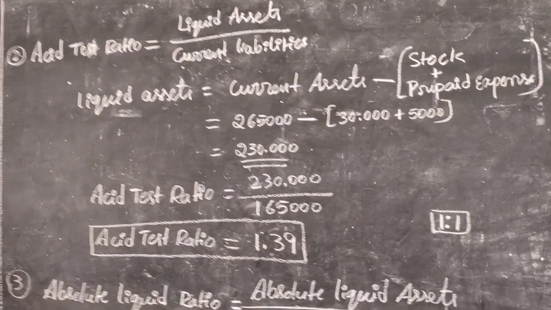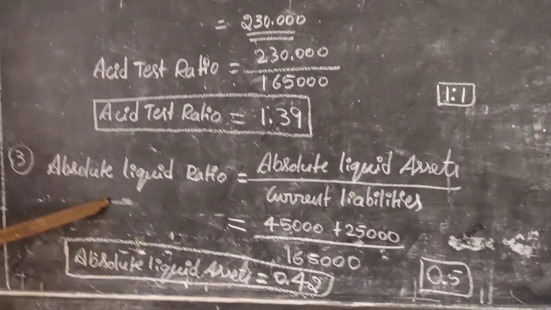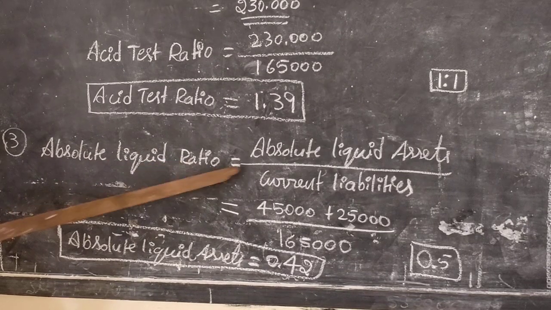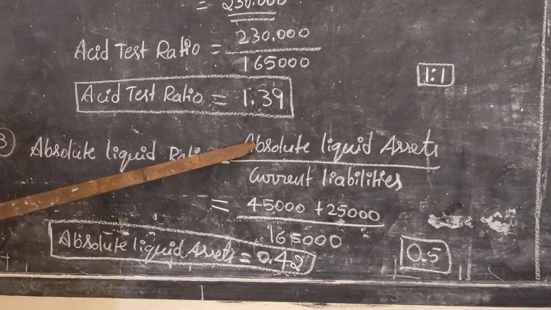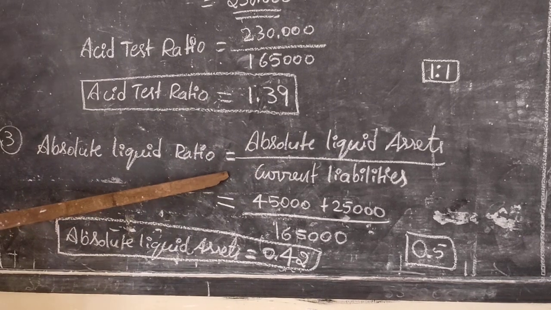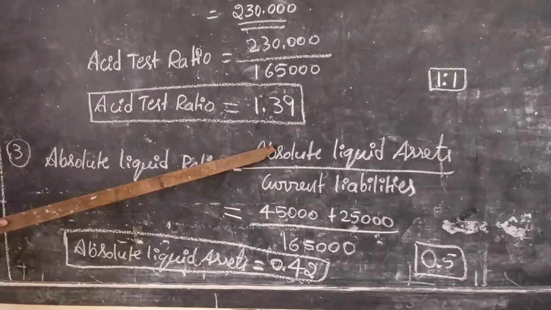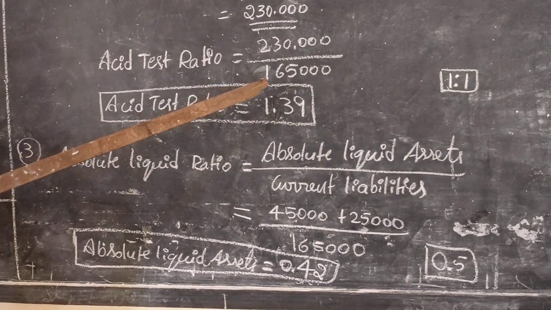And the third one is called the absolute liquid ratio. The formula for absolute liquid ratio, I already sent you, is absolute liquid assets divided by current liabilities. Absolute liquid assets means the cash the company presently has.